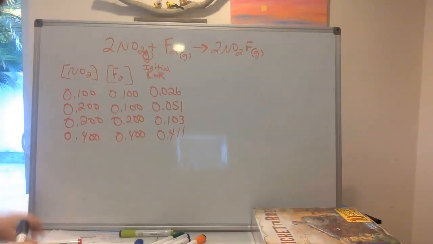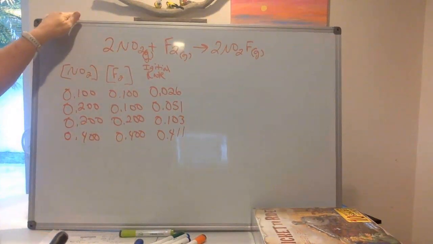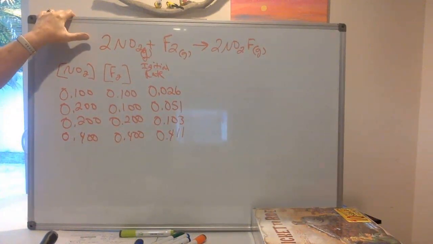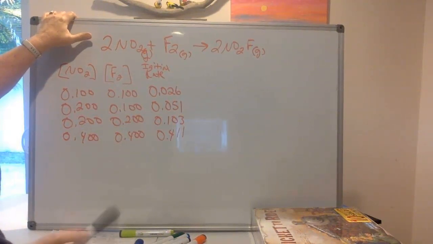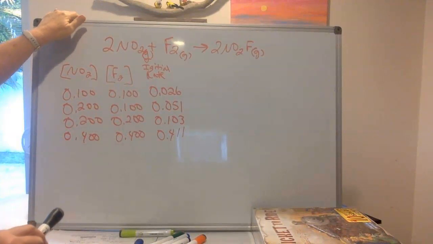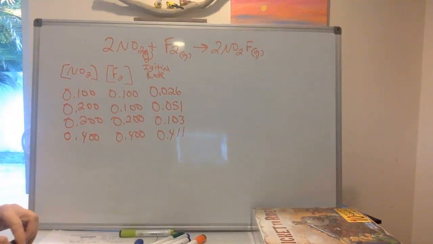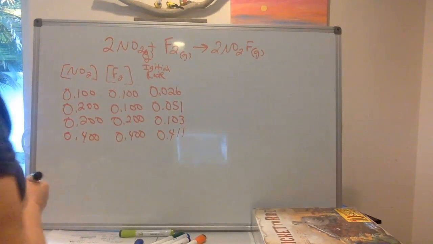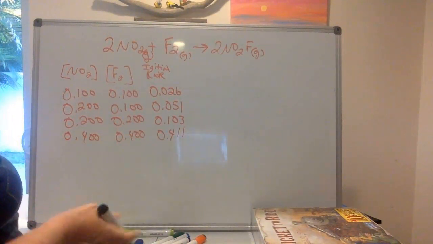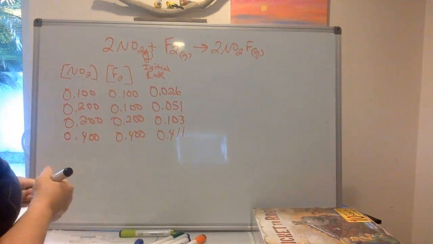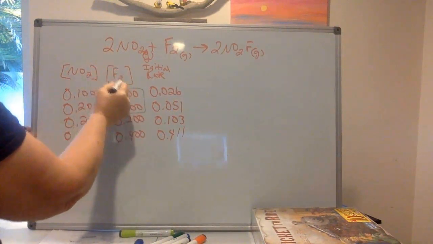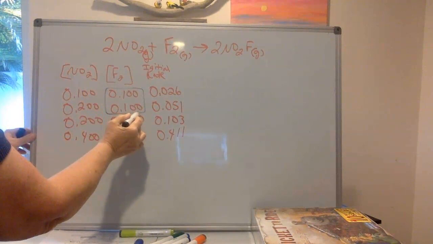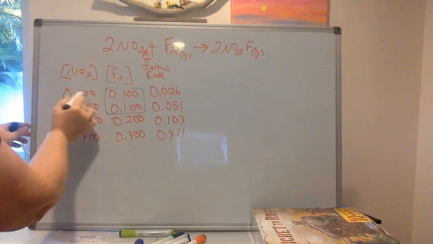The second example problem is problem number 45 on that same review sheet. In this case, they give us the reaction: nitrogen dioxide plus fluorine gas yields nitryl fluoride. We want to find the rate law, and then solve for K. Let's solve for n first, then m, and then we'll solve for K. Here we see that these two are the same, so we can eliminate this reactant by taking these two trials.